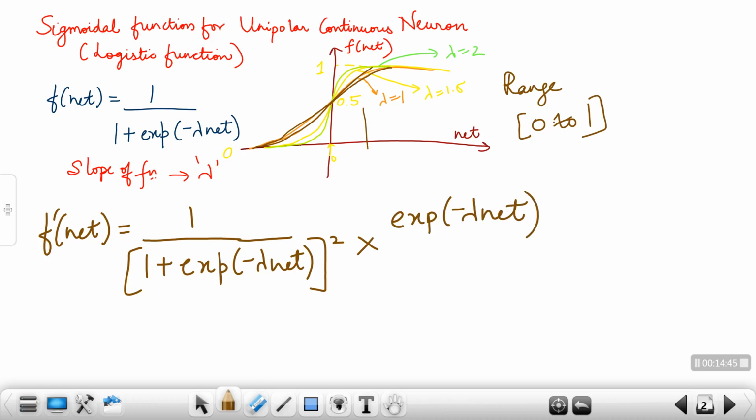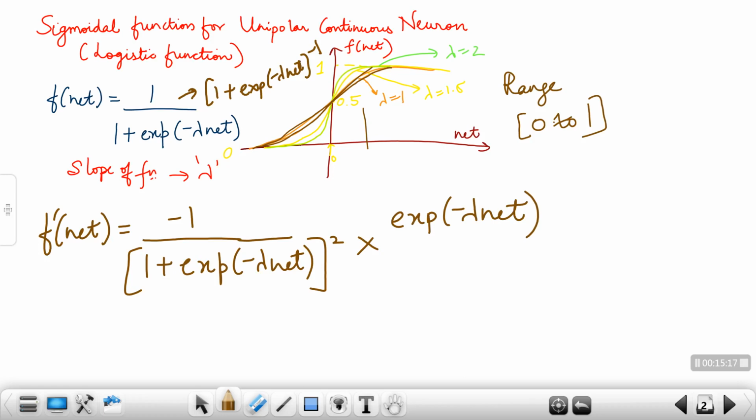First, this minus 1 should come, because this function is nothing but 1 plus exponential of minus lambda net, raised to minus 1. So when you take the derivative, minus 1 should come out upon this term raised to the power 2.